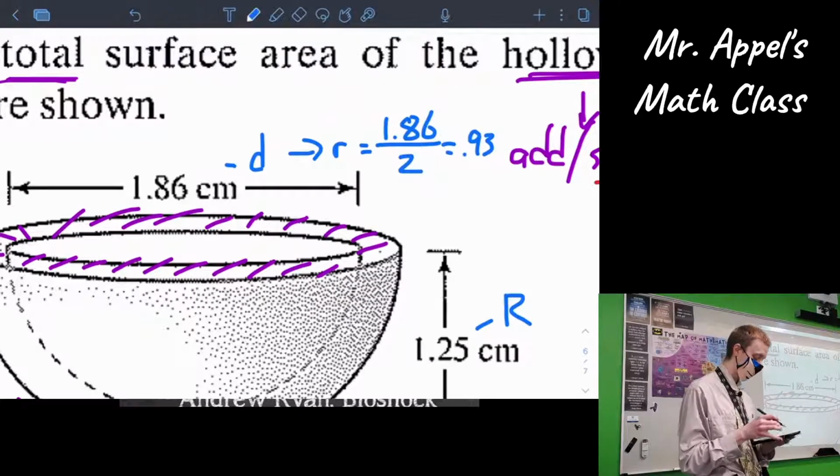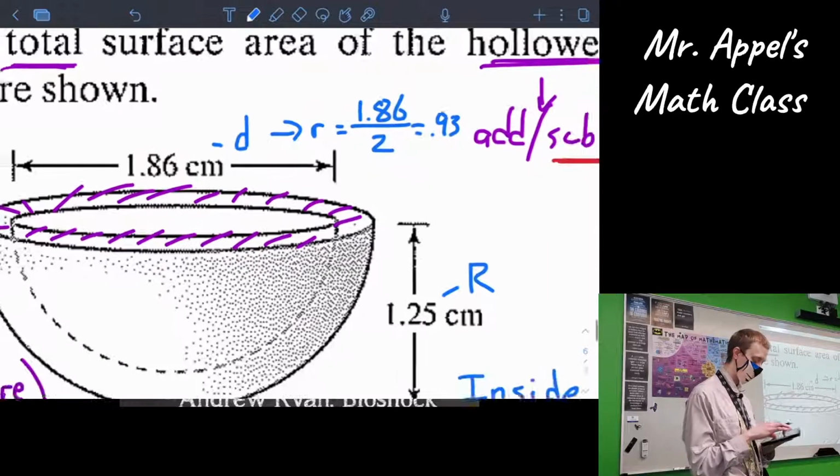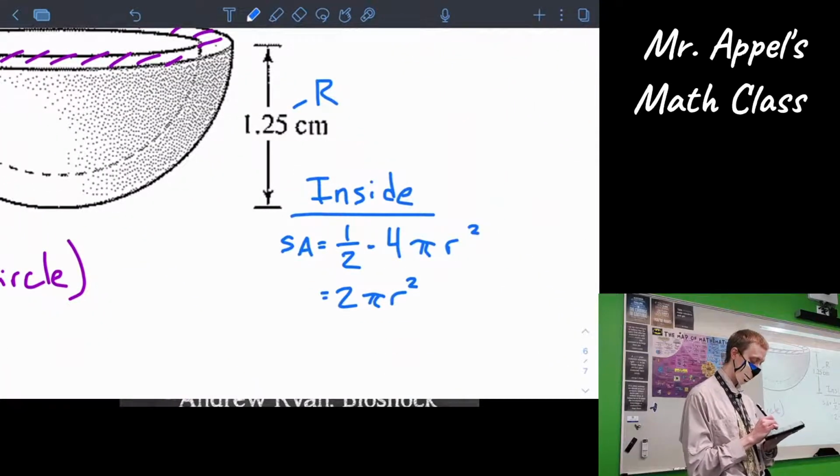Yep. Excellent. We've confirmed that. Okay, so now we've got .93. So we'll say the surface area of the inside hemisphere portion is 2 pi times .93 squared.